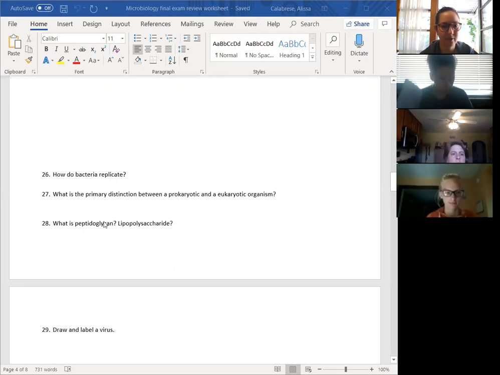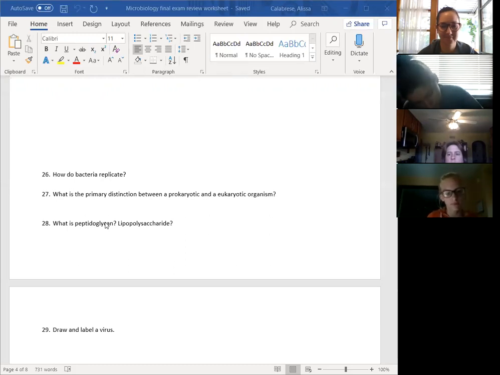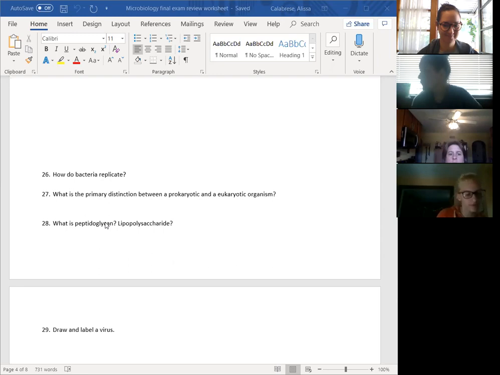All right, so what is peptidoglycan? A polymer consisting of sugars and amino acids that form a mesh-like layer outside the plasma membrane of most bacteria, consisting of N-acetylglucosamine and N-acetylmuramic acid, and it confers the mechanical rigidity of the cell.